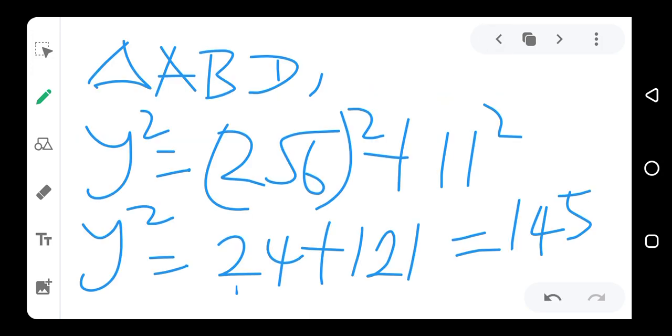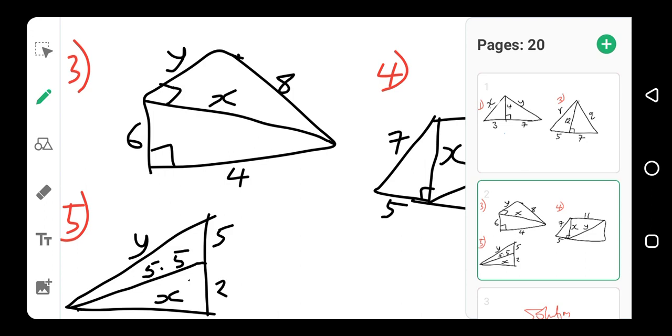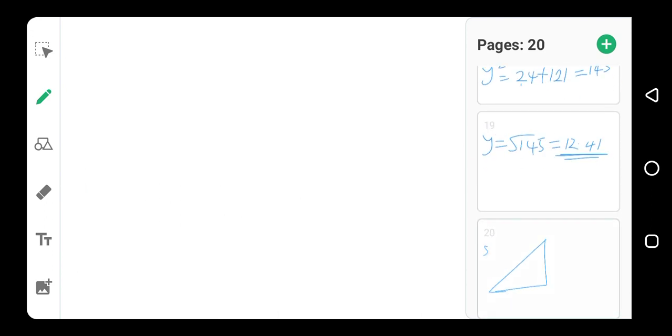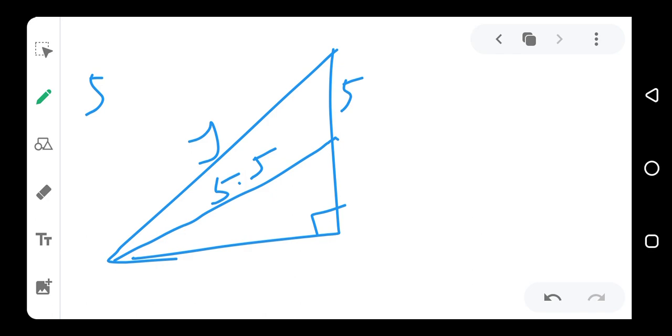We have something like from here go to this side. Now we have a perpendicular side here. This place is 5.5, while this place is y, and this place is 5, this place is 2, and this place is x.